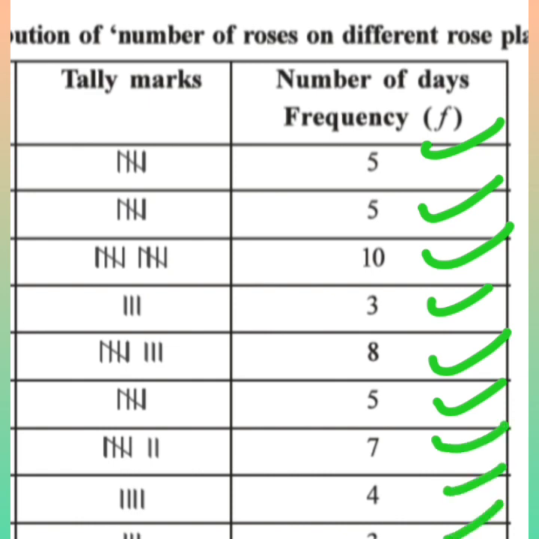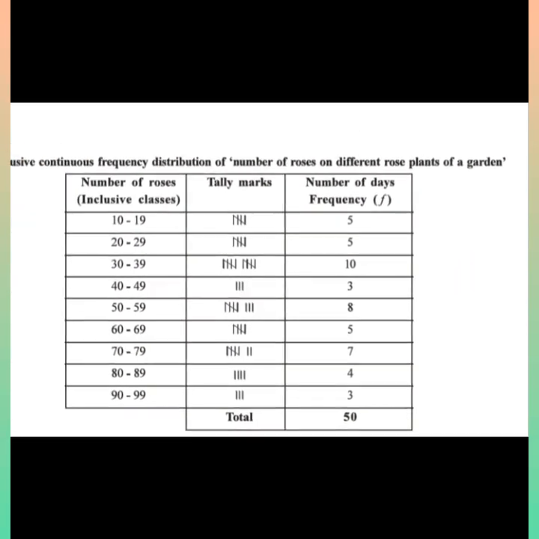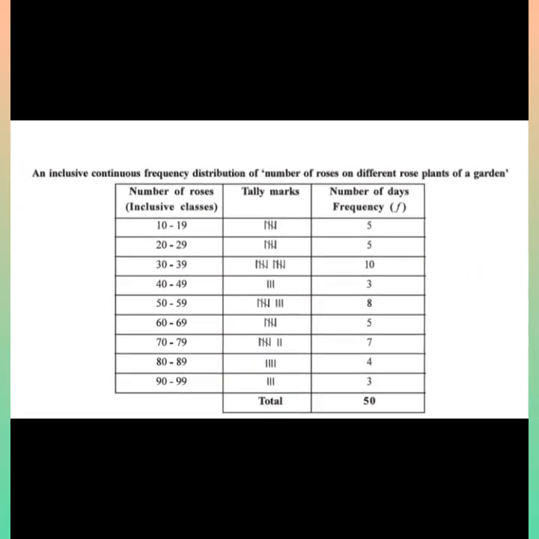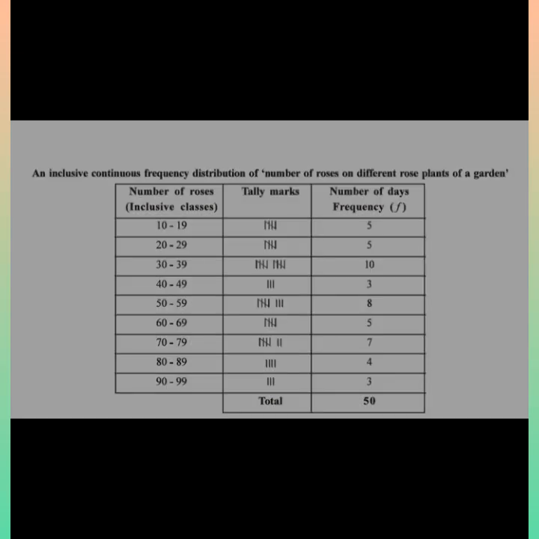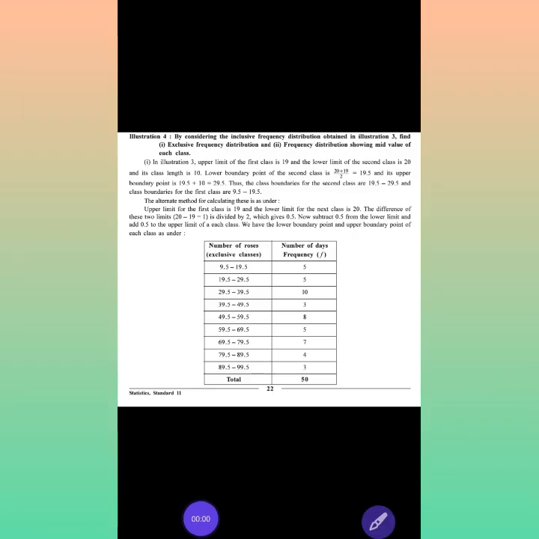When you add all these numbers, it will come up to 50, and that is our total frequency, that is, the total number of days, right? So that is how you do this sum, and this is an inclusive continuous frequency distribution.